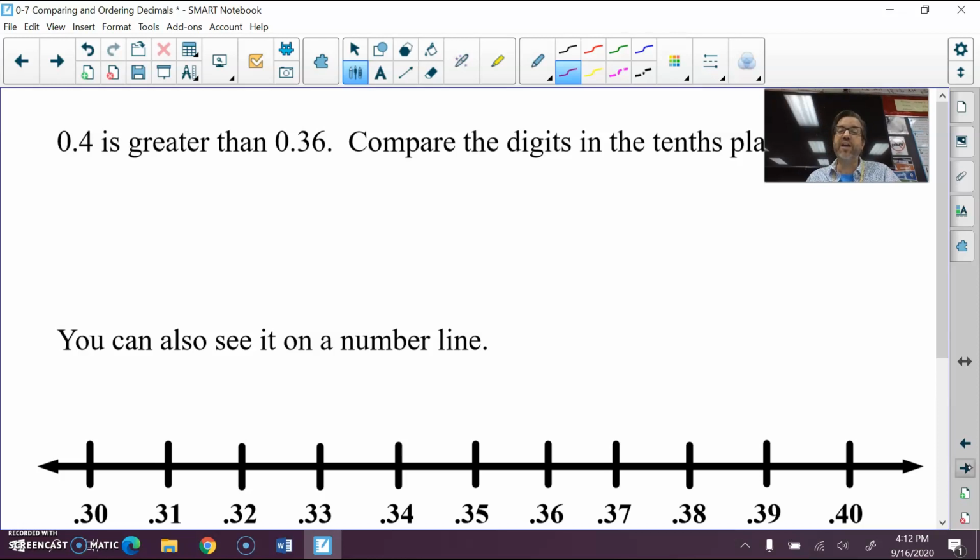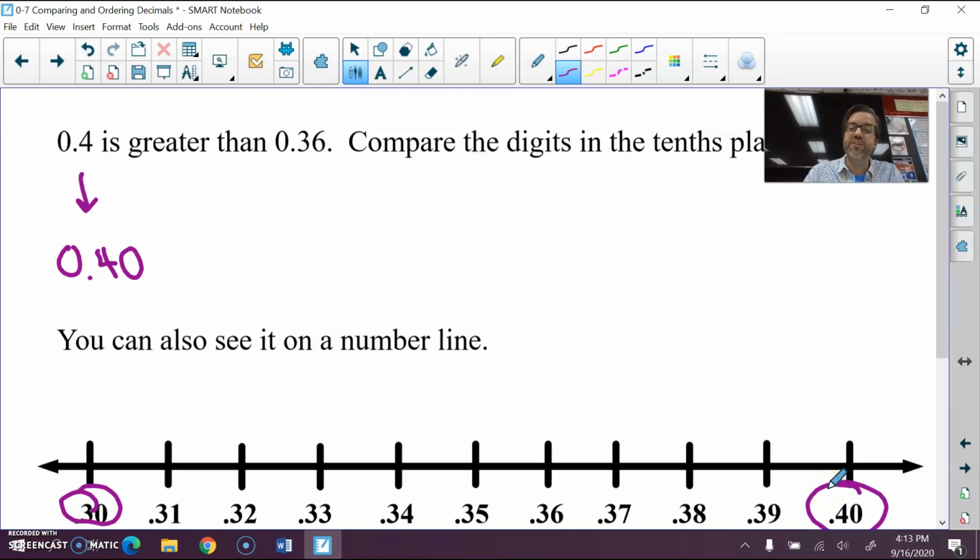All right, now here we have that example with the number line. 0.4 is greater than 0.36. Remember, 0.4 is really the same thing as 0.40. And so when you look at this, I have 0.30 right here, and I have 0.40 way over here.